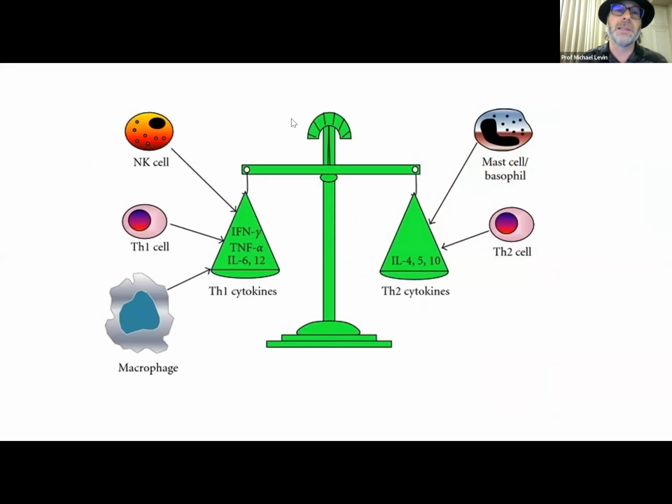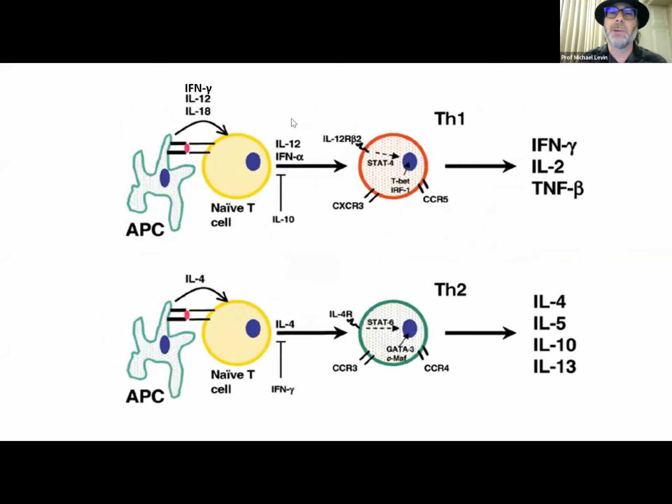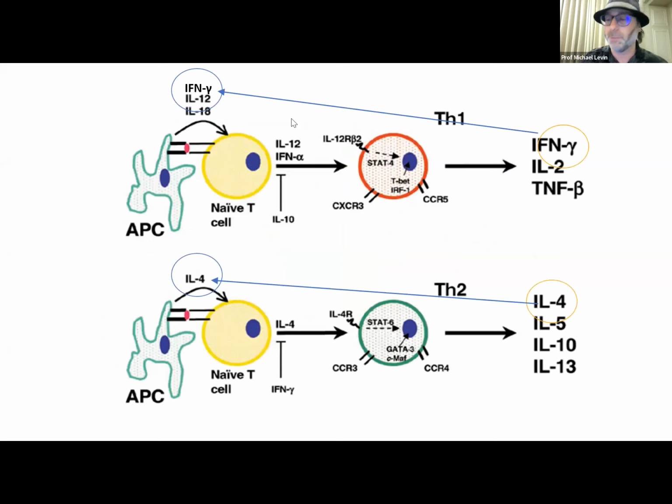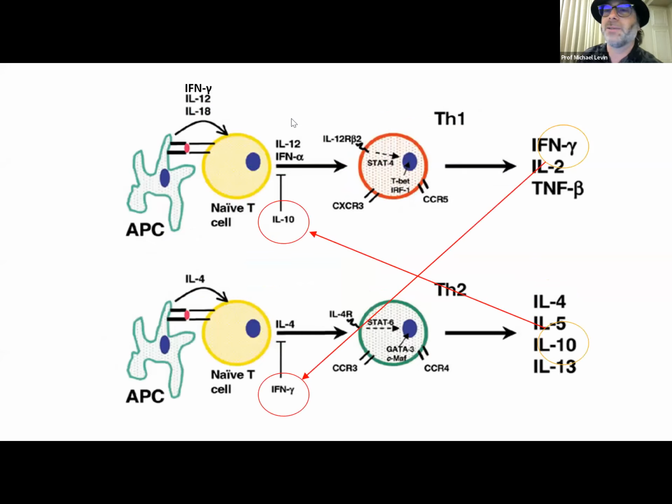And this is a very, very important part of the immune system that we forget about quite often. In particular, we often tend to think about type 1 immunity and type 2 immunity as being the main players on the stage, and that they're in a balance between each other. If one goes up, the other one goes down, and they can't really both be operational at the same time. And this is true to a certain extent, because Th1 immunity on the top and Th2 immunity on the bottom have those positive feedback loops where they speak to each other and reinforce their own type of immunity, but they also have these negative feedback loops.